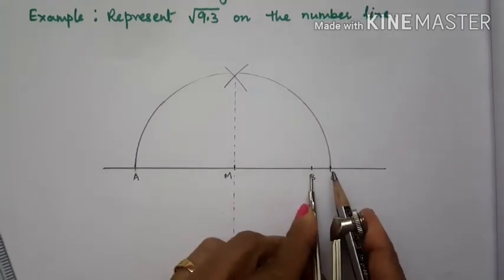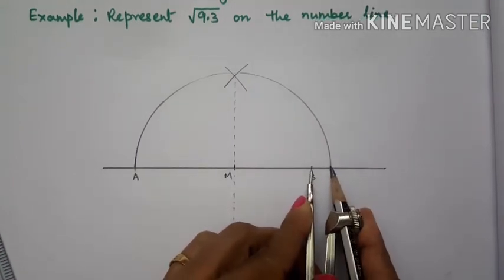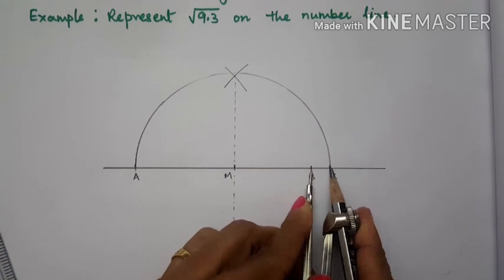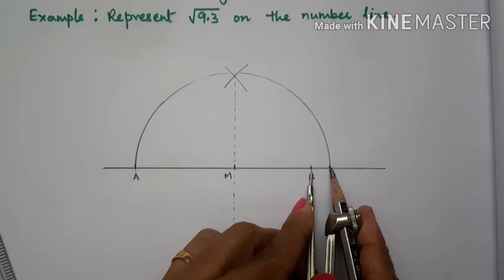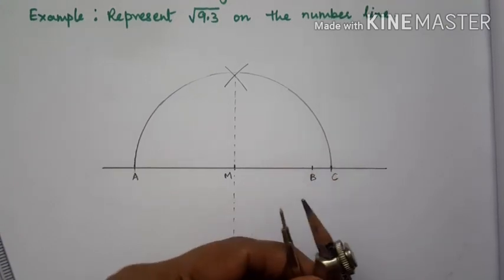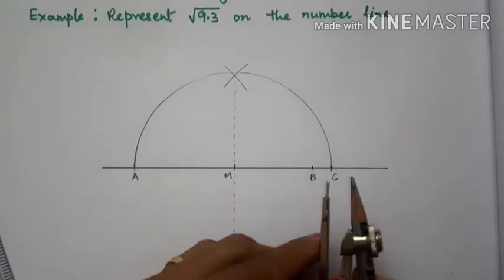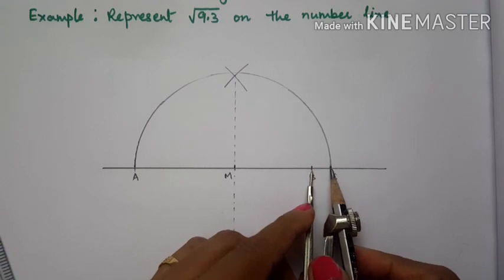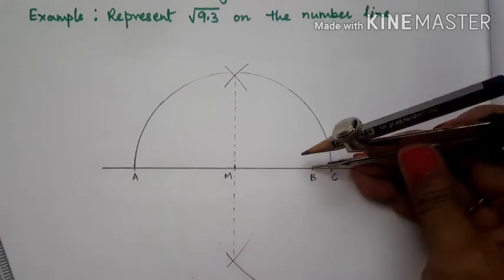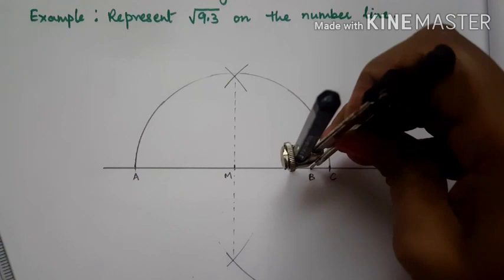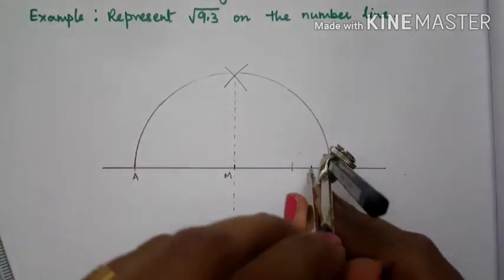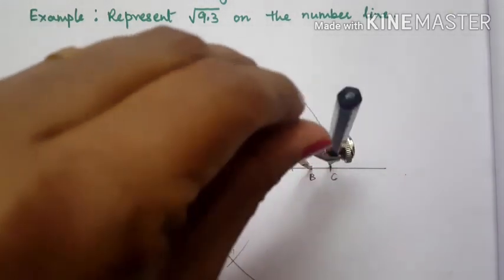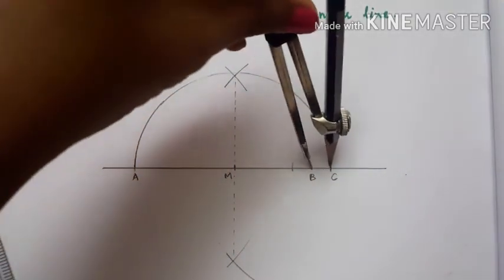So keep the pointer at B, measure 1 centimeter, keeping the pointer at B, cut arcs on both the sides of the line segment.